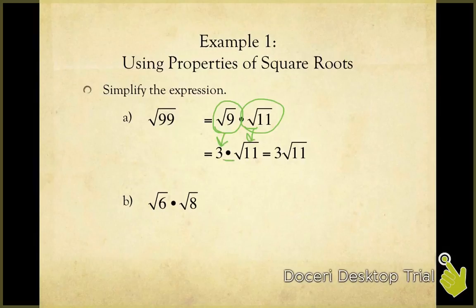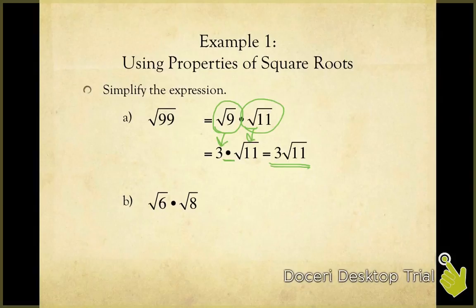And technically we are still multiplying these two things together, but since multiplication does not need a symbol, we can just write that together like this, 3 square root of 11. It literally means 3 times the square root of 11, but we don't really need that multiplication sign to indicate that. So 3 square root of 11 is what's considered to be the simplified expression of the square root of 99.